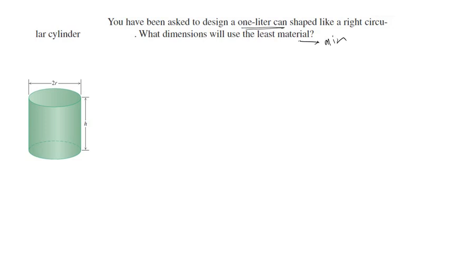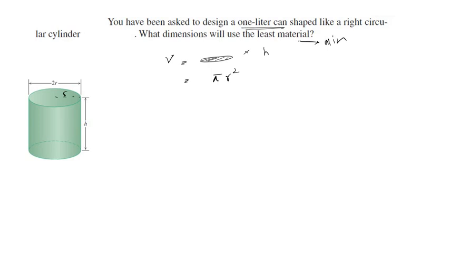If we look at the volume of a cylinder, the volume would be the area of the base times the height, right? The area of the base, because this is r, would be pi r squared.